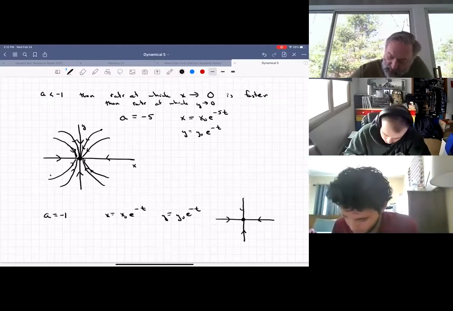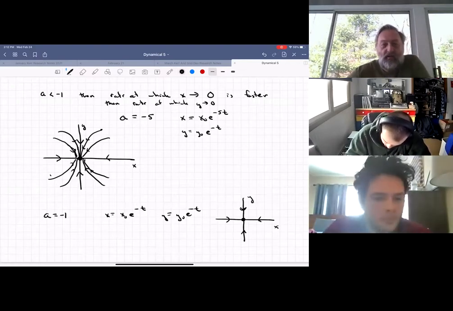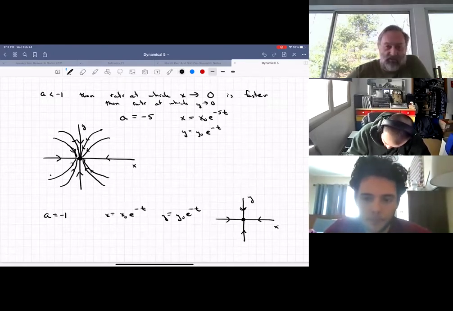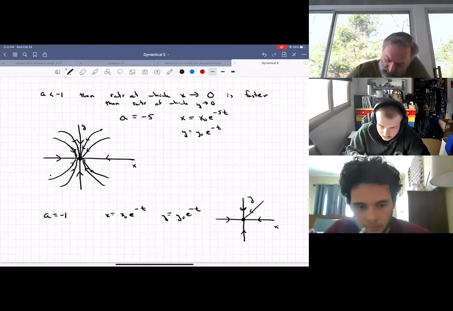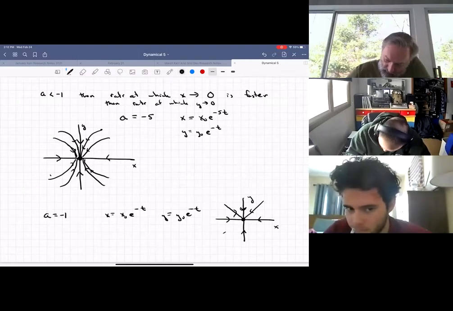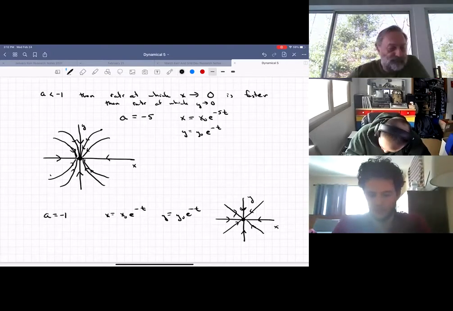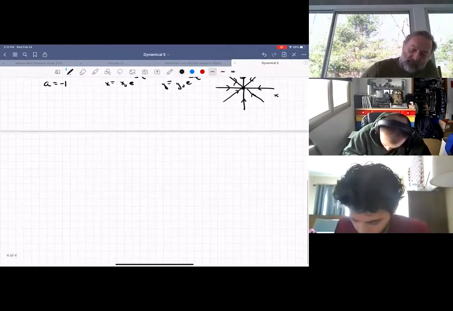Again, I would be coming in along the x and y axes, but now the rate at which I'm coming towards the origin is the same in both the x and y directions. And so I'm going to come in evenly in all directions. All right, so that's fine.